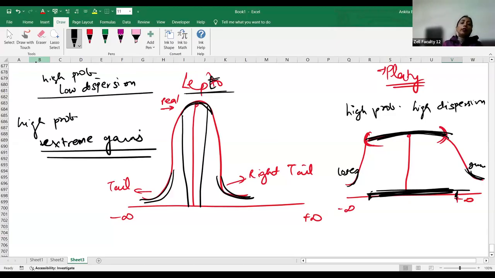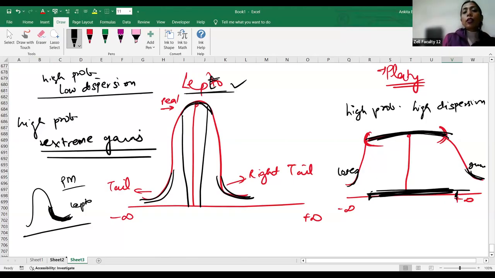So generally, if you look at stock market and if you want to advise your client regarding portfolio management, then if the curve that is formed is getting a leptokurtic design, then you know that there is high probability of being on this tail here. Okay. So leptokurtic curves are generally preferred by those kind of investors who are having the capability to take risk. They are willing to take risk because there is a probability of extreme gains.